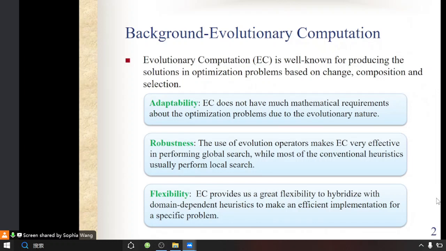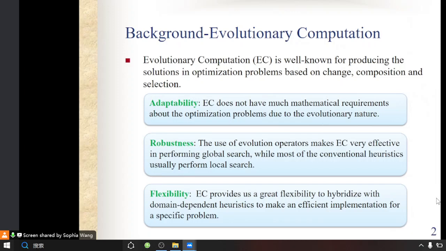But in EC, in most cases the best point is found by global search, because AI will search for the best solution in a very big field. But if it is just a local search, we cannot say it's effective. So if it can do the global search, that's very good. Maybe it can find the optimal points quickly, in a very short time.